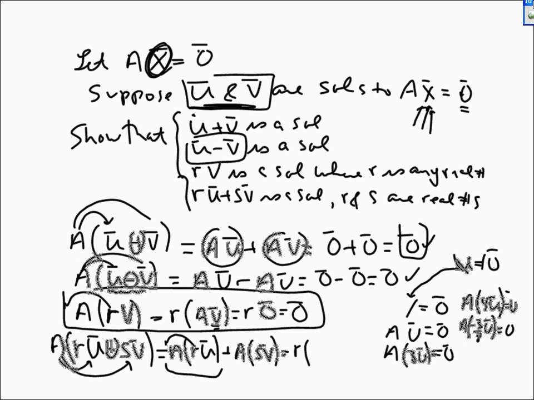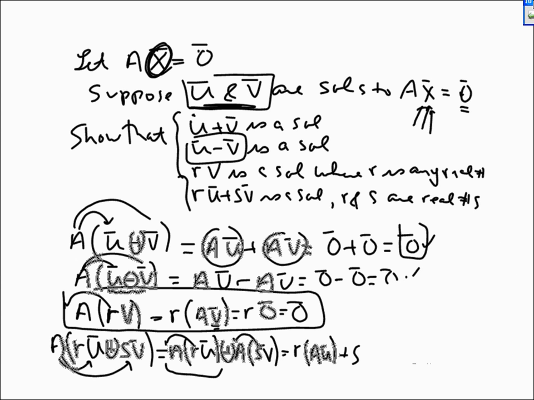We get r times Au plus, here we can pull out the scalar, we get s times Av. In the next few seconds, you'll see it all come together.